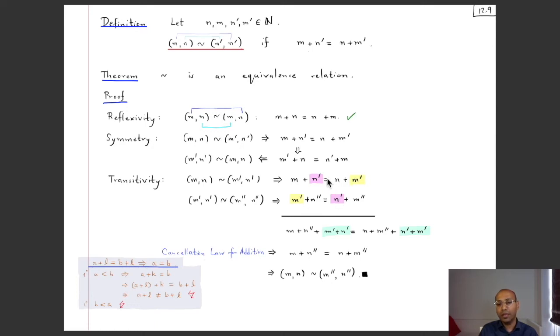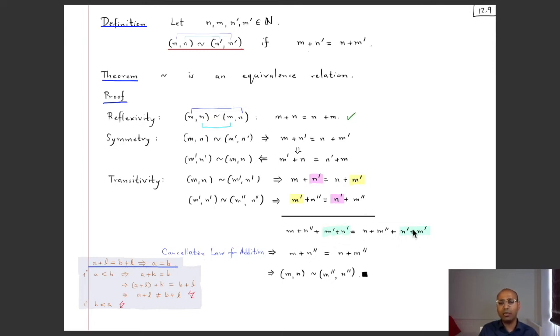Now if we simply add these two, you see that there are some common things, these highlighted things. This pink one with this pink one, they match, and this one matches with this one. So what we'll get is m plus n double prime plus m prime plus n prime is the same as n plus m double prime plus n prime plus m prime. So this m prime plus n prime is something in common on both sides.